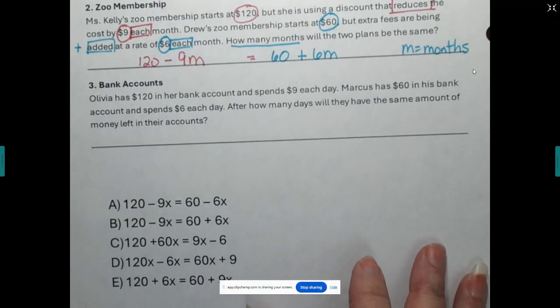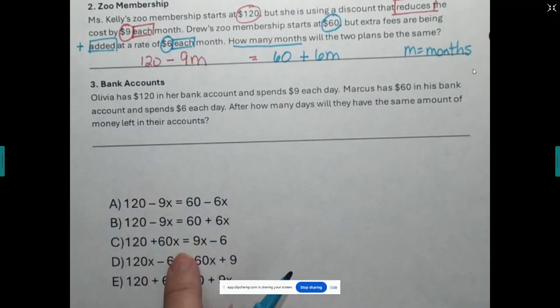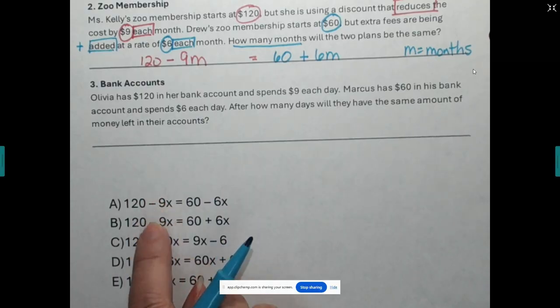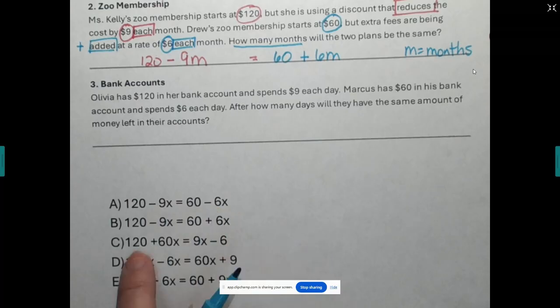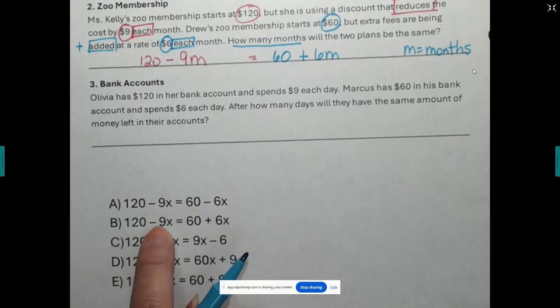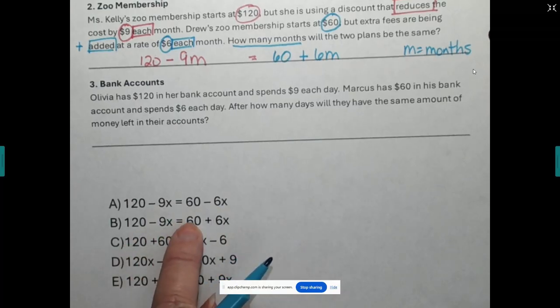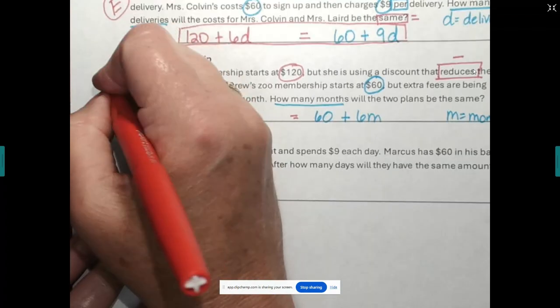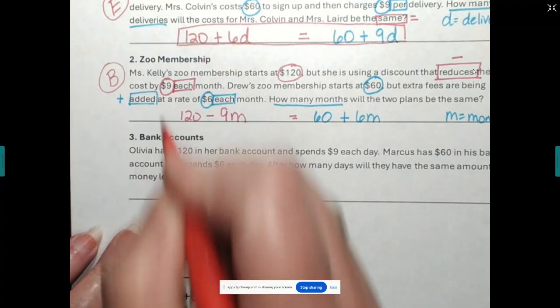So if I'm trying to match those up, 120 minus 9 times the variable, that's got a plus sign here. 120 minus 9 times the variable equals 60 plus 6 times the variable. Yes. Number 2 is matched up with letter B.